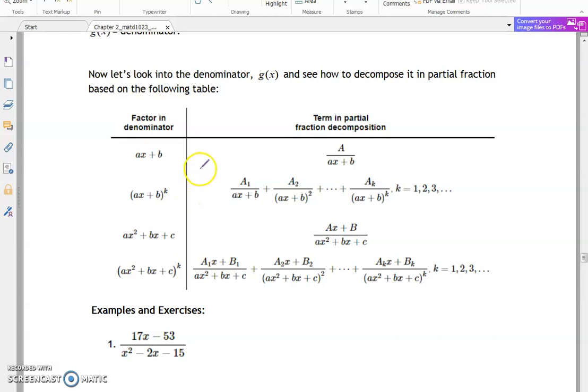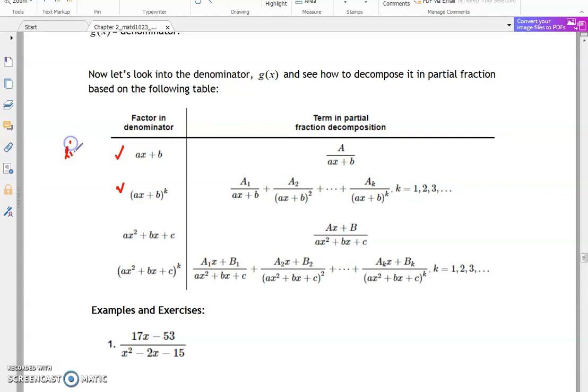Now we are going to see the second part of partial fraction techniques. Last time we have seen the case where we have the factor in our denominator as a linear function and linear repeated function. Okay, let me write here.